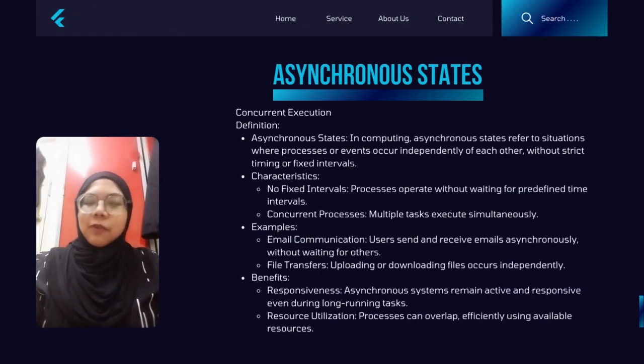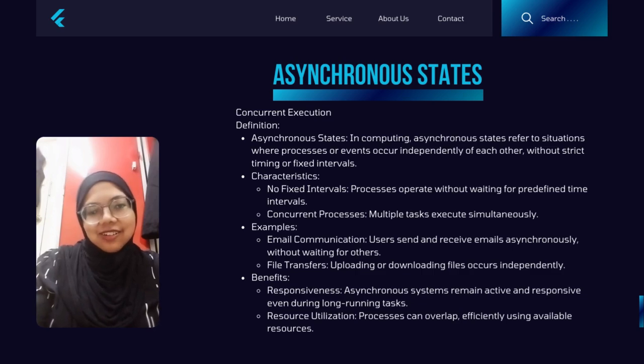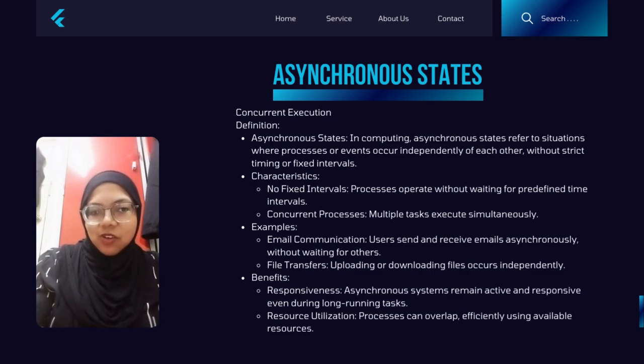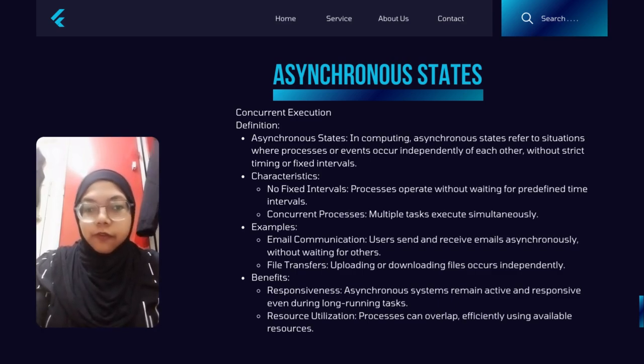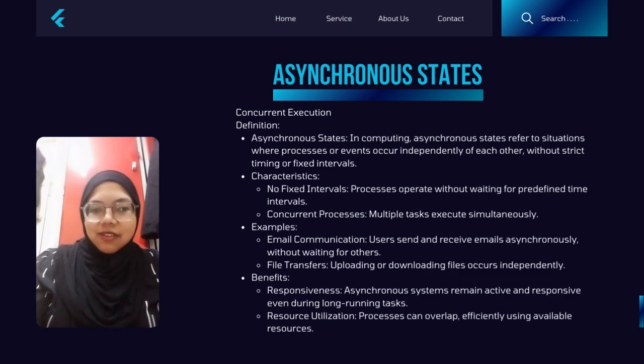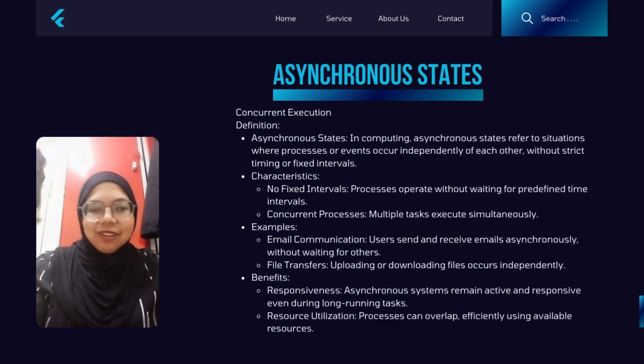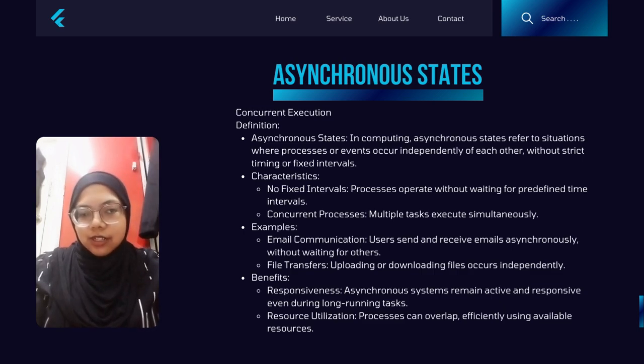Next subtopic in process coordination is the asynchronous state. What is it? You can imagine it as a bustling city where people move at different paces, each with their own agenda and destination. An asynchronous state in computing reflects this diversity. So the definition is, an asynchronous state occurs when processes or events operate independently of each other without a fixed timing interval.